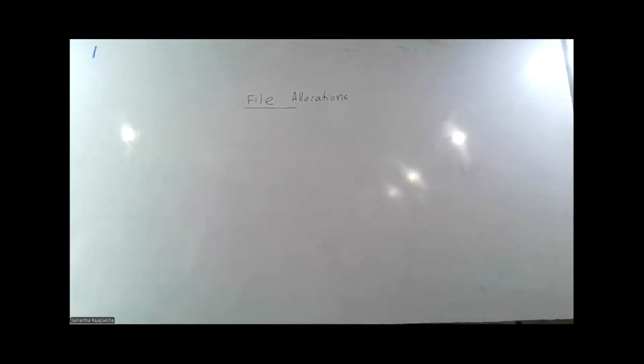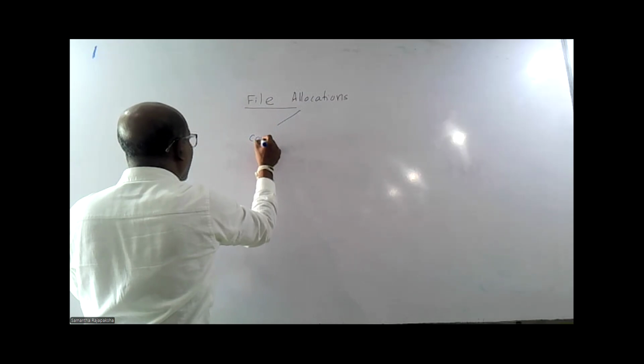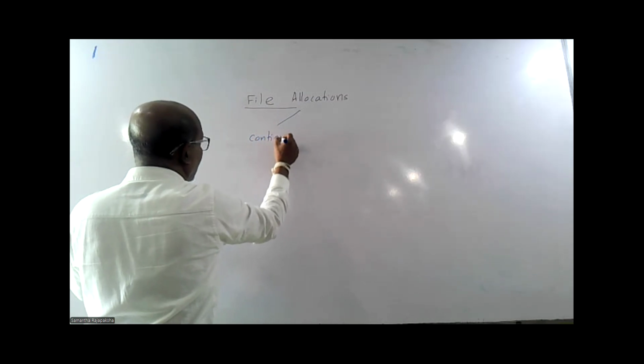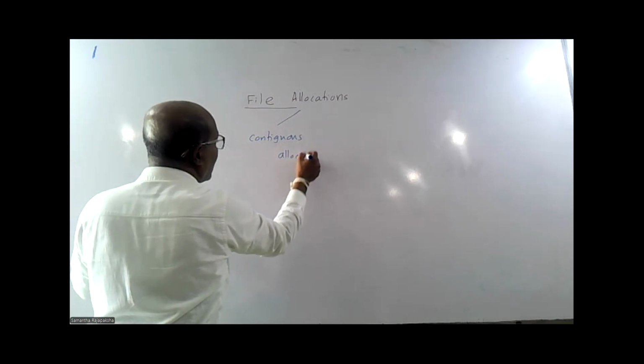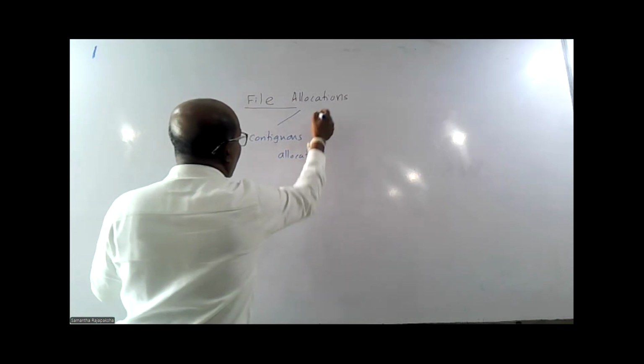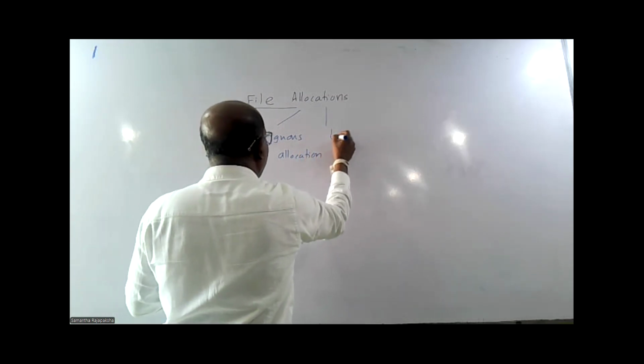Now, when you do this file allocation, there are 3 ways to allocate it. One is the contiguous allocation. The other one is the linked allocation.